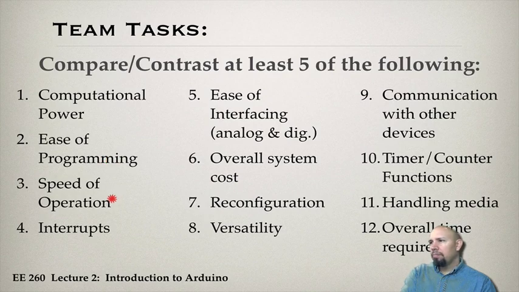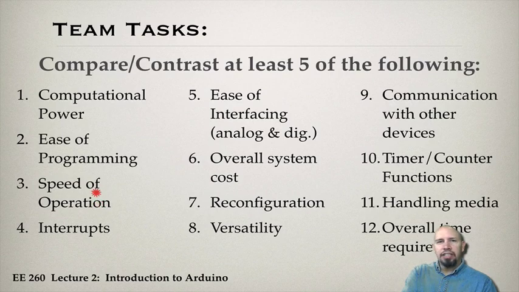Speed of operation. That's similar to computational power, but not exactly. With computational power we're talking about just raw number crunching. Here we're talking about the speed of operation. If you are sampling information, processing information, and then outputting information, that whole process is the full operation.